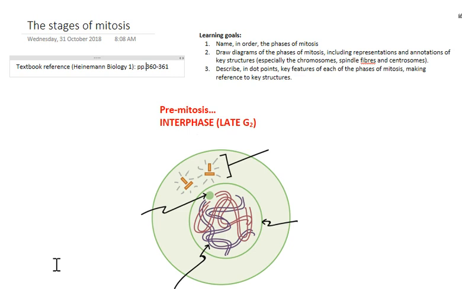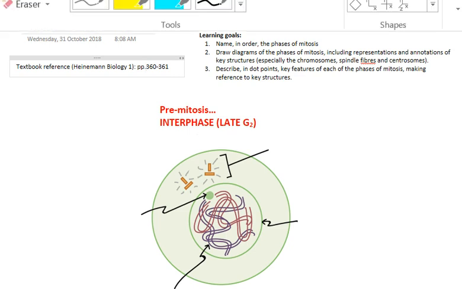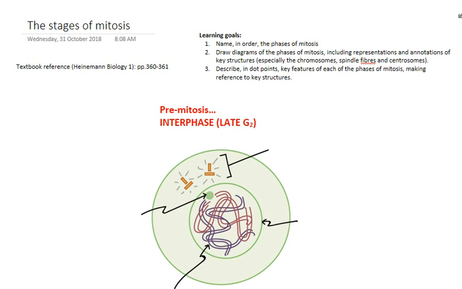But you do need to know some particular features of the process of mitosis. You need to be able to describe what is happening to certain structures during mitosis. There are a few key structures that I want to draw your attention to. The first three are the chromosomes, the spindle fibres, and the centrosomes.